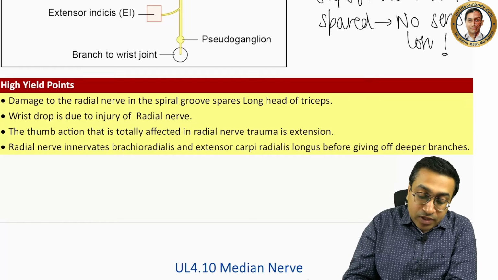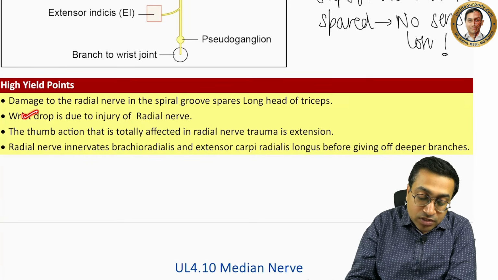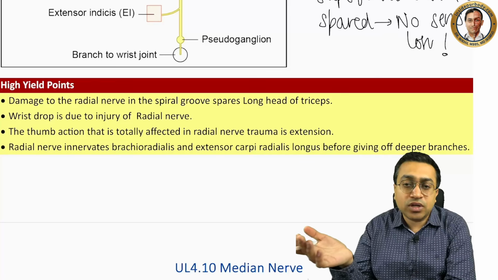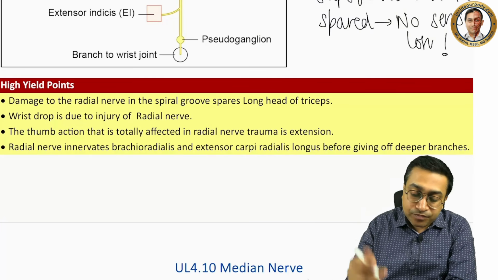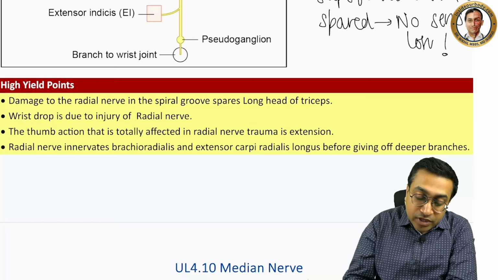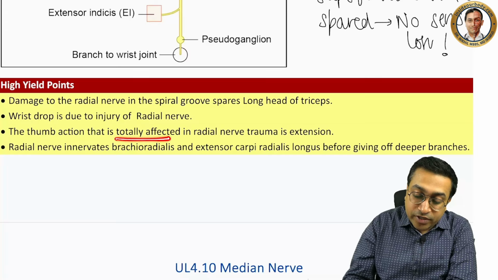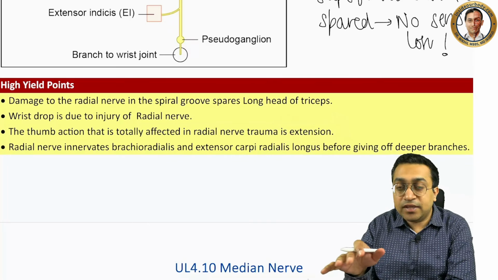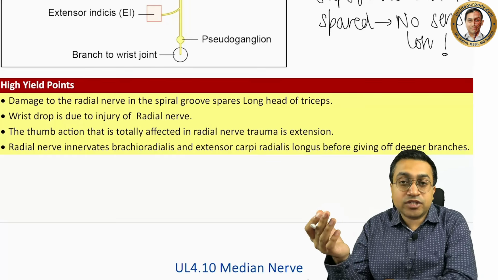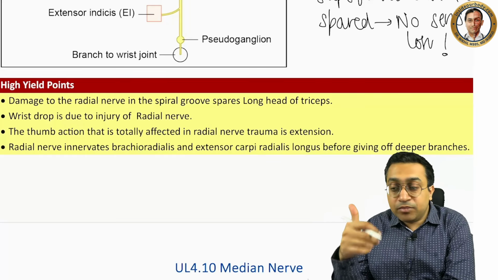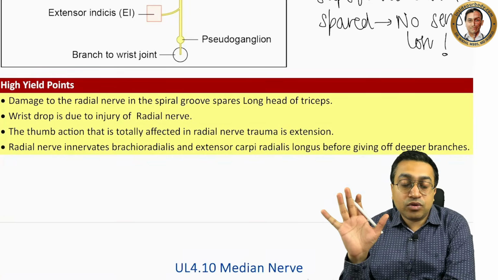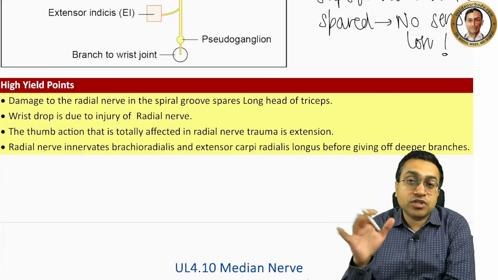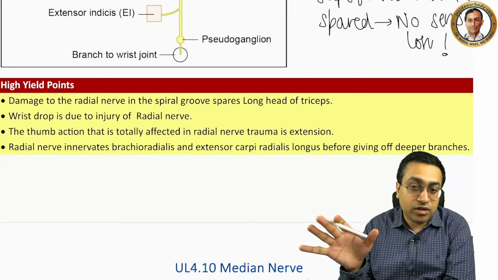These questions are directly asked. Then thumb extension is totally affected in radial nerve trauma. We have already seen the other actions, by which the thumb is the only digit which can be checked for nerve injuries of all three: radial nerve, median nerve, ulnar nerve.